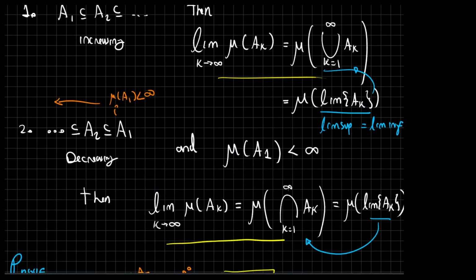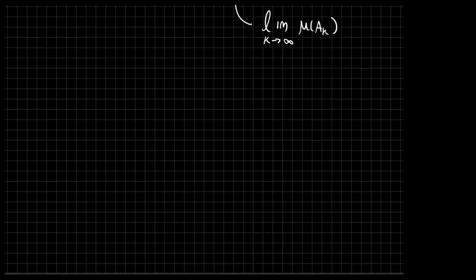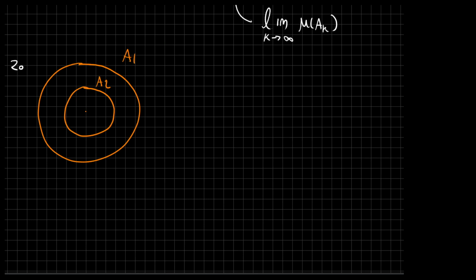Now let's work with a decreasing sequence. As always, let's start with a graph. And second part. So this is A1, A2 will be a little smaller, A2, A3 here, and so on. So the choice is, once again, easy to do. Our V1 will be this part here, this is V1, this will be V2, and so on.